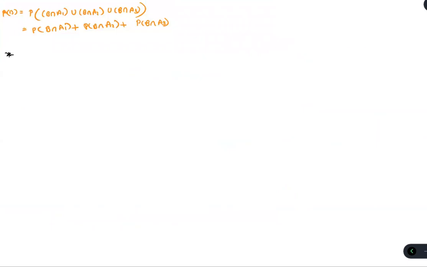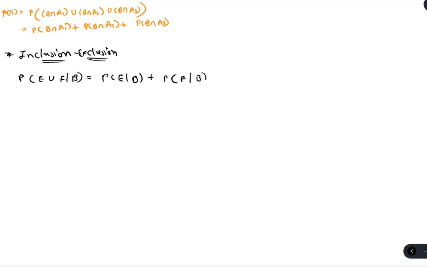Now here we also have different types of formulas that you can remember if you want. Here we also have the inclusion-exclusion principle. What's that? If we want to write E union F given B, we can write P of E given B plus P of F given B minus P of E intersection F given B. And also here we have De Morgan's law.